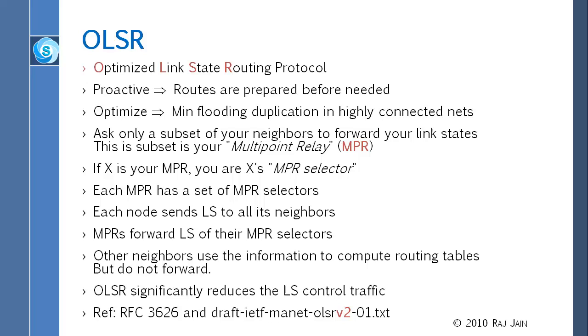So in general you might send as few messages as there are MPRs. Basically if you have 2 MPRs out of 5, you might send 2/5 of the messages as compared to all 5 forwarding it to their neighbors, and their neighbors forwarding to the rest of the neighbors, and so on and so forth. RFC 3626 talks about OLSR version 2.